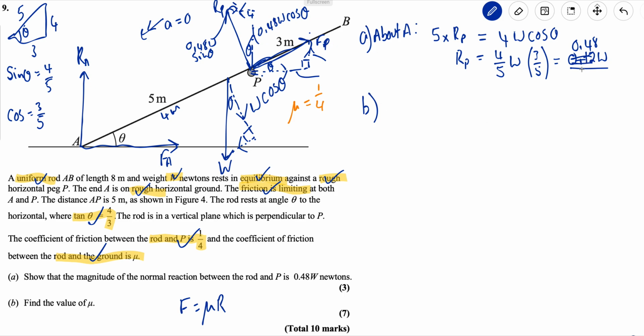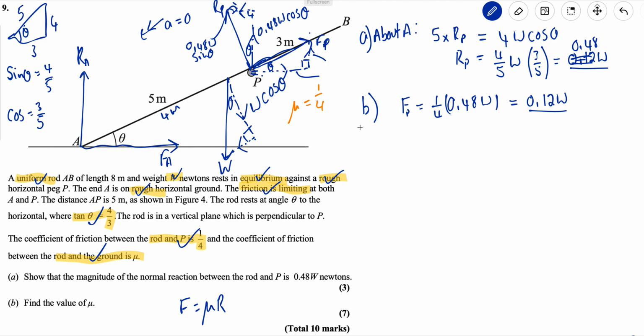So in fact, that's what I'm going to do now, because I know that the coefficient of friction is a quarter here. So using F equals mu R, F at P equals a quarter times the reaction, and the reaction is 0.48 W, as we found in part A. So when I work that out, I get 0.12 W. So you can see I was jumping ahead a little bit there earlier.